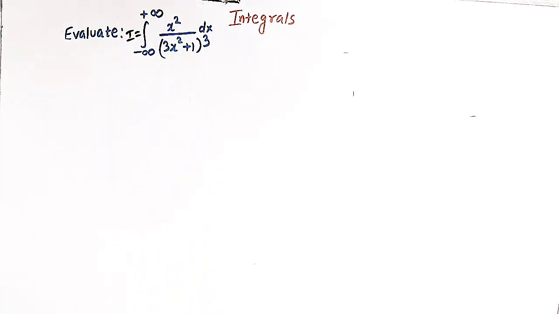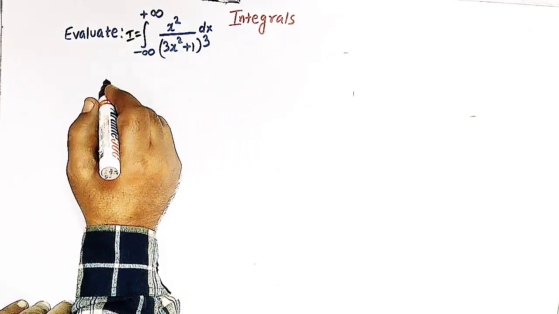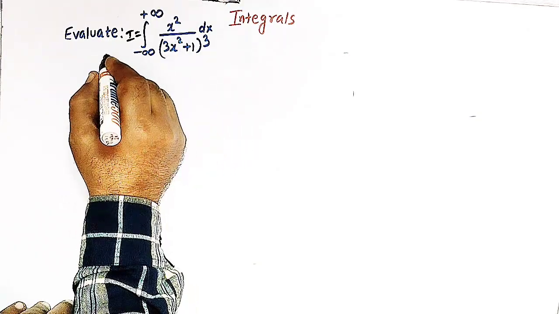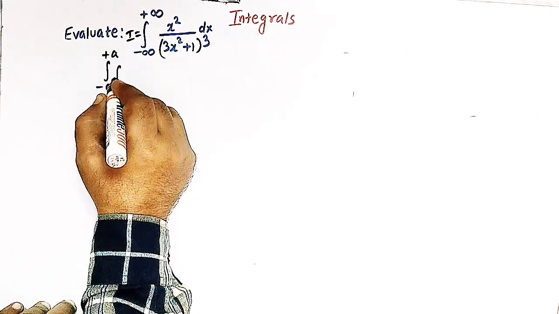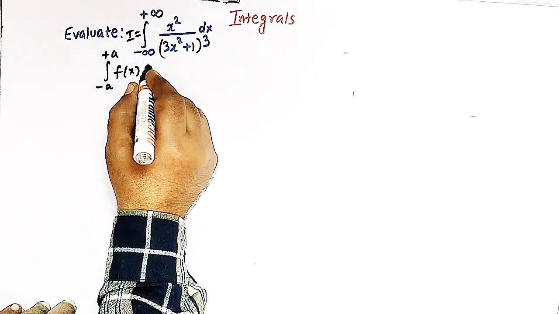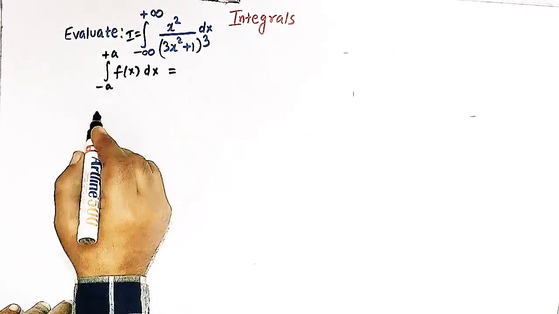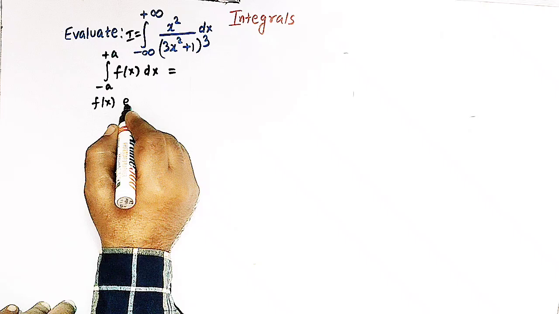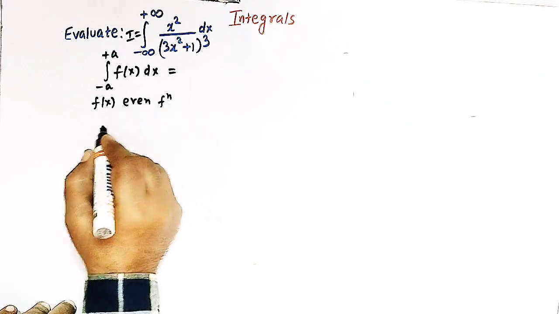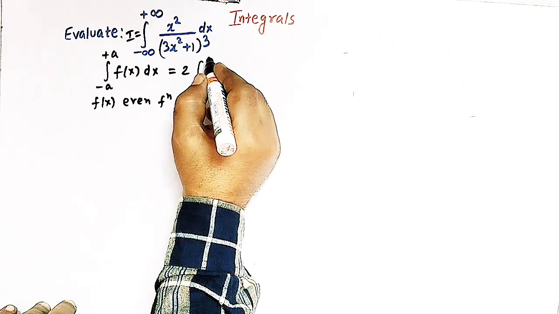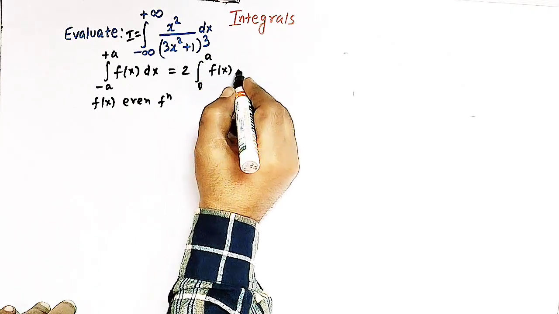First of all, I will apply an important property of definite integrals, which says that if we have an integral from minus a to plus a of f of x dx, and f of x is an even function, then we can write this integral as 2 times the integral from 0 to a of f of x dx.